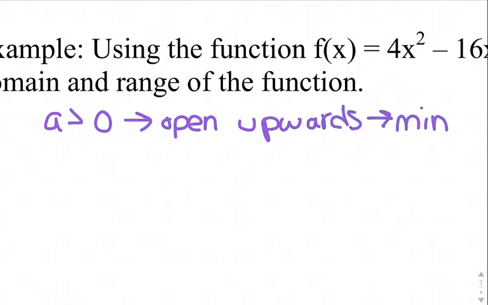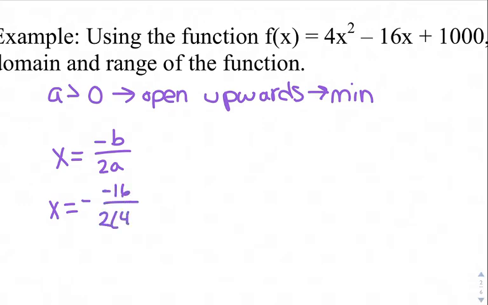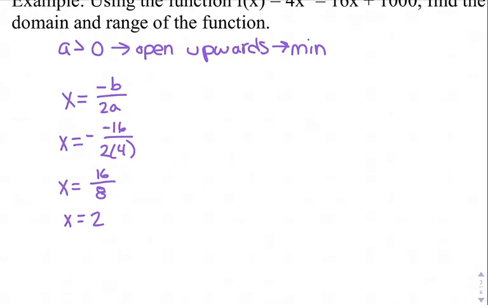So to find min, we do the exact same thing as we did yesterday when we found our vertex. So we're going to do x equals negative b over 2a. So x equals negative negative 16 over 2 times 4. So negative times a negative is just positive, so it's 16 divided by 8, which gives me 2. So now I have to plug in 2 into my function.